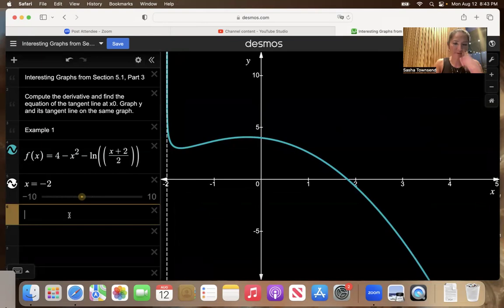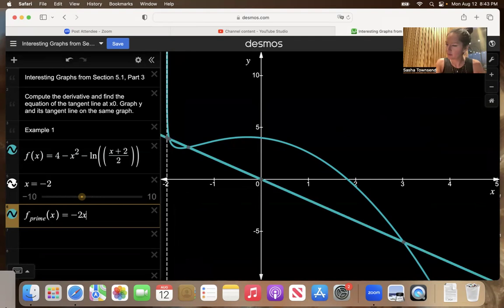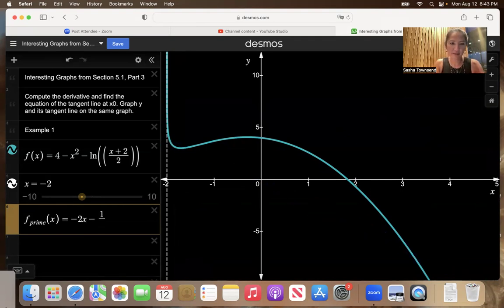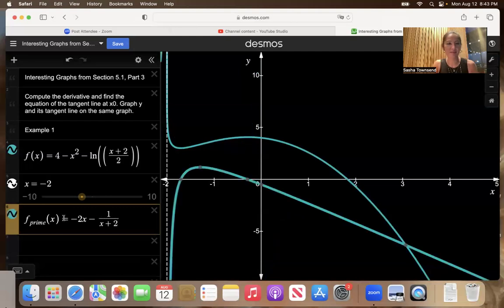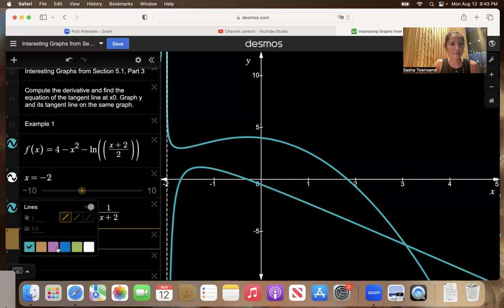And then we computed f prime. When we computed f prime, we got -2x minus 1 divided by x plus 2. And we said that that function has a slant asymptote. I'm going to make that purple for my derivative.